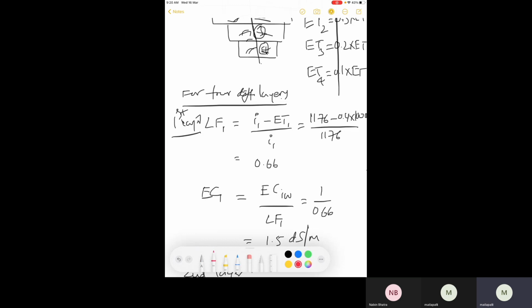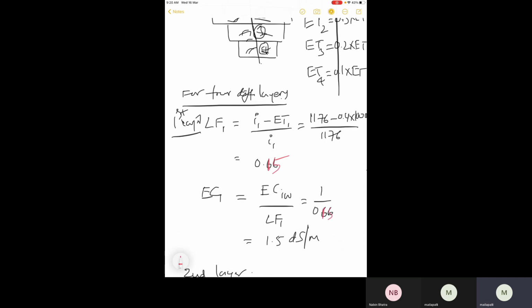Yeah. So LF1 is 0.66 and 1 by... so this is 0.15. This is 0.15. Okay, not 0.6, 0.15.